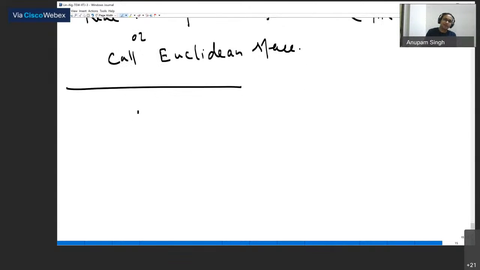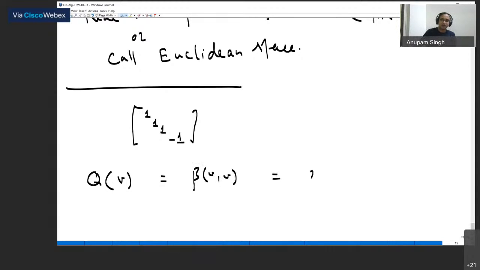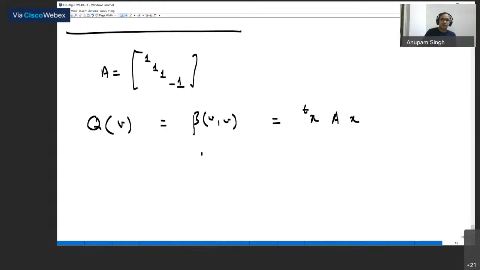For example, if you take the bilinear form 1, 1, 1, minus 1, this will give rise to, if I want to look at Q of any V, which is supposed to be beta of some vector V, I just need to compute X transpose times the matrix of that X. So the matrix is this matrix A. If we compute this, you will see that I get x1 square plus x2 square plus x3 square minus x4 square, because of this last minus 1 here.